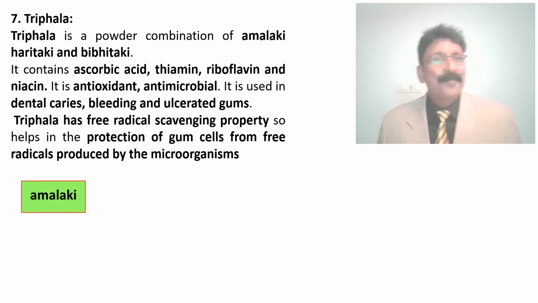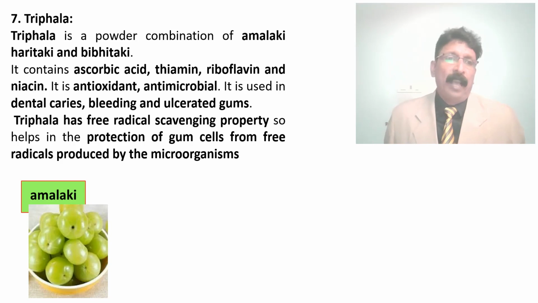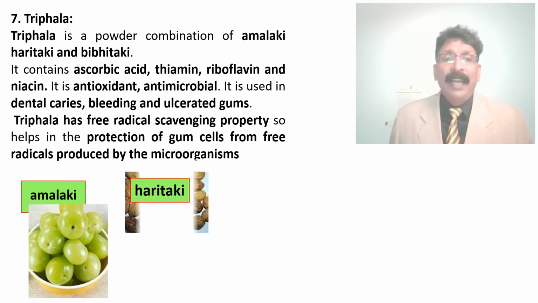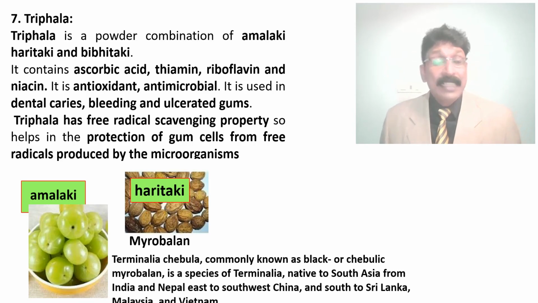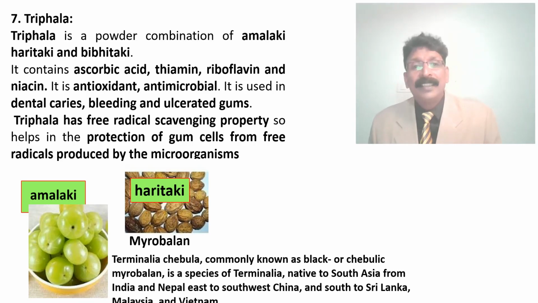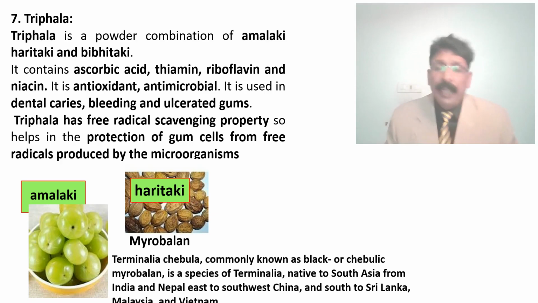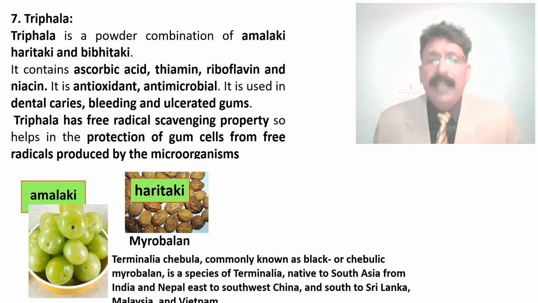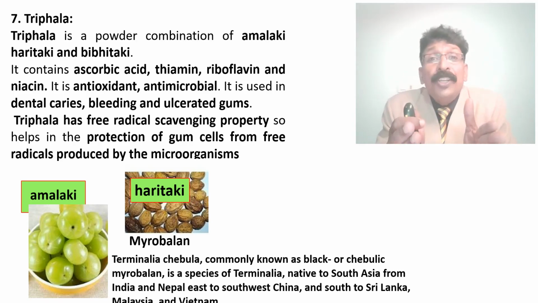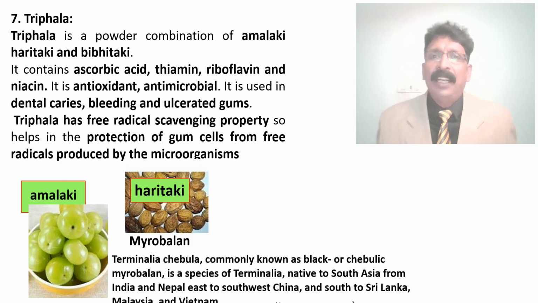Amalaki, Haritaki, Bibhitaki. Amalaki is amla, Haritaki is myrobalan, that is Terminalia chebula, commonly known as black or chebulic myrobalan, a species of Terminalia native to South Asia, from India and Nepal, east to southwest China, and south to Sri Lanka, Malaysia and Vietnam.